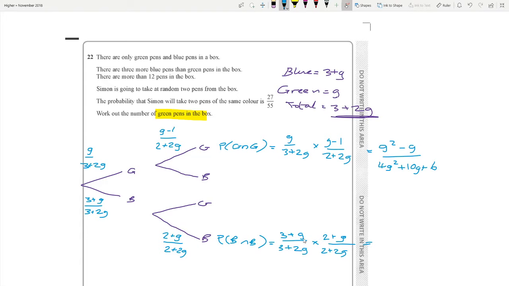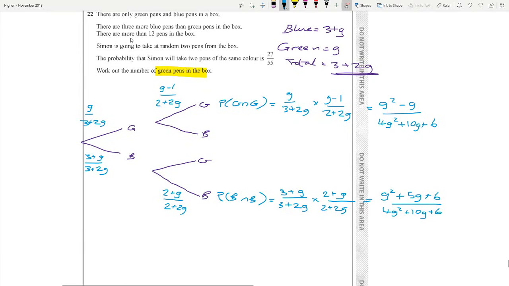Multiply those together, we get G times G is G squared, add 5G, add 3 times 2 is 6, all over, and the denominator is going to be the same, isn't it? So that's 4G squared, add 10G, add 6.